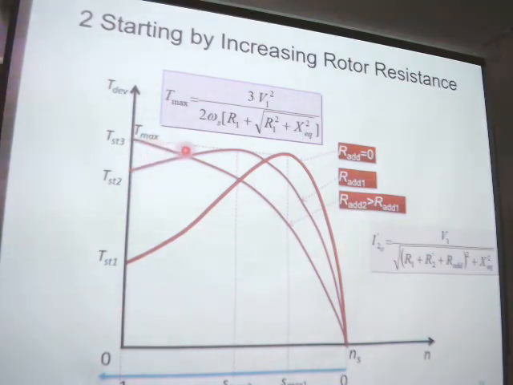The maximum torque is unchanged. In this curve, the maximum is here. In this curve, the maximum torque is here. In this situation, the maximum torque is here, corresponding to different speeds, but the torque value is the same.